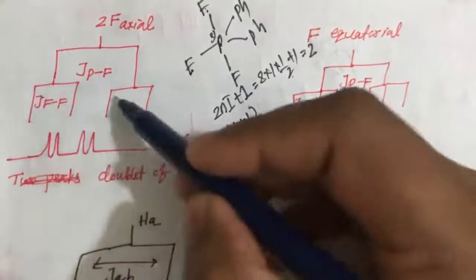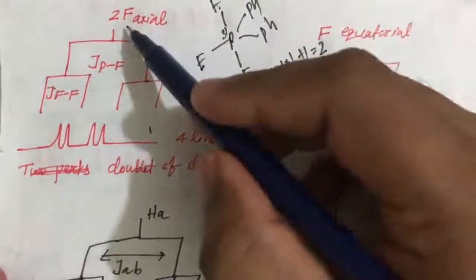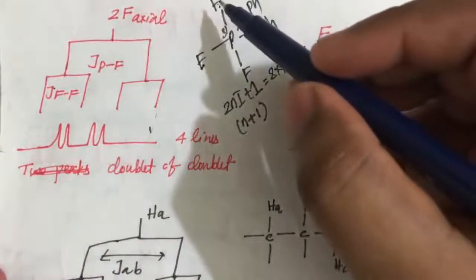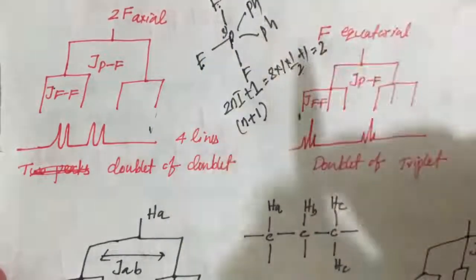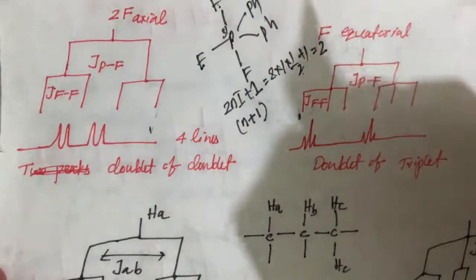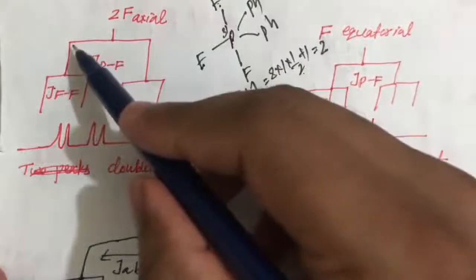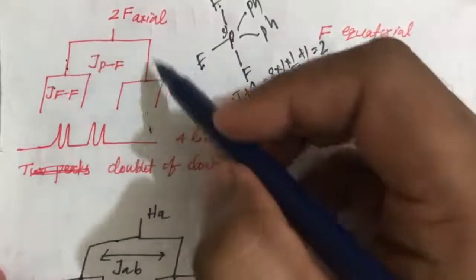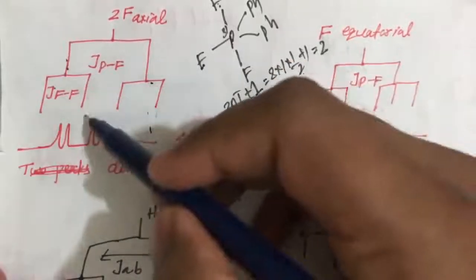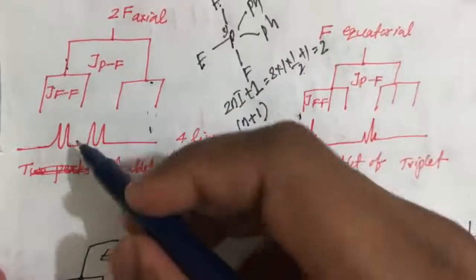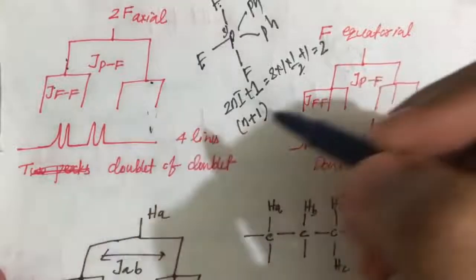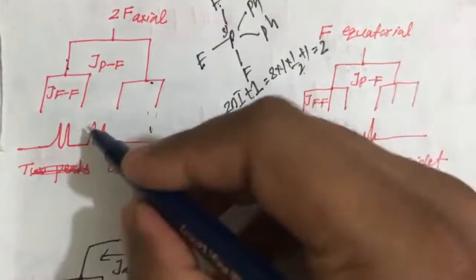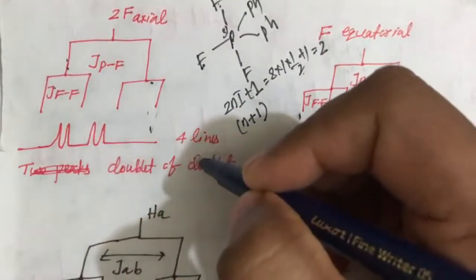Okay, that is 2. So this axial fluorine shows 1 peak that splits in this fashion, that is, a doublet of doublets. First it splits into a doublet, then again splits into a doublet, that is called a doublet of doublets. Okay, the splitting pattern is like this, doublet of doublets.